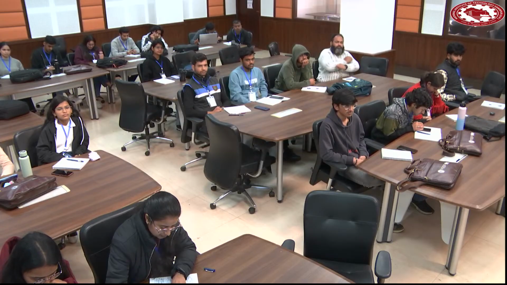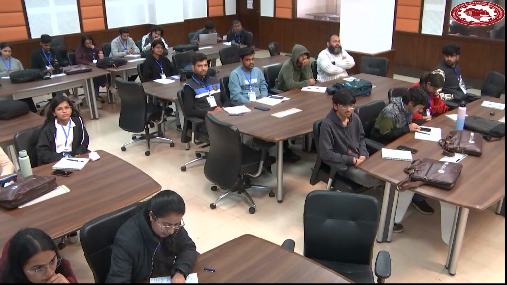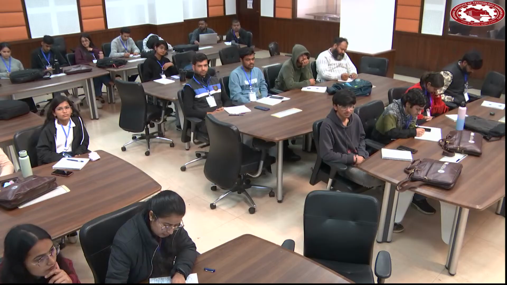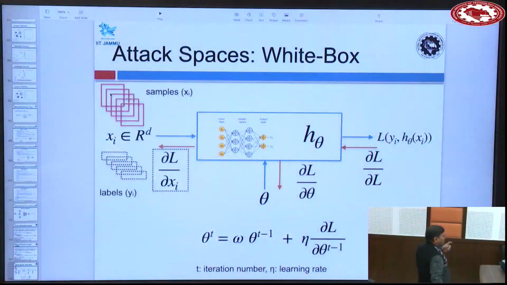If I say the gradient of this loss function with respect to theta, the set of parameters, it says that if you put a small change in theta, how much does this loss vary?